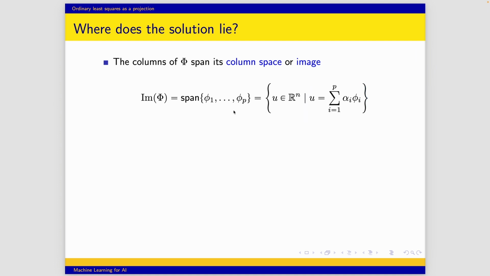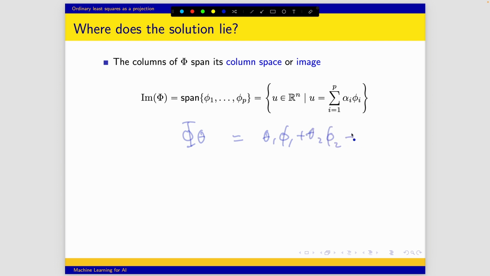Why is that? Because if we take a vector theta and multiply it by phi, what does that vector look like? It will be equal to the first component of theta, theta 1, times the first column of phi, phi 1, plus theta 2 phi 2, up to theta p phi p. It's a linear combination of the column vectors.